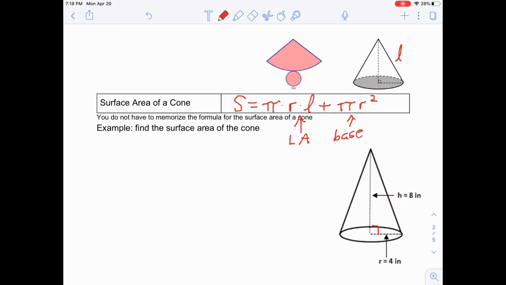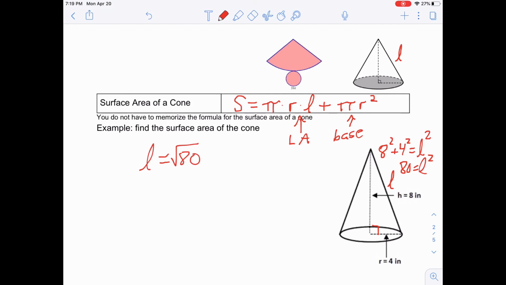So we're going to have 8 squared plus 4 squared is going to equal, and if we call the slant height L, L squared. 8 squared is 64, 4 squared is 16, and add those together you get 80. So I'm going to use my slant height, which is going to be the square root of 80.